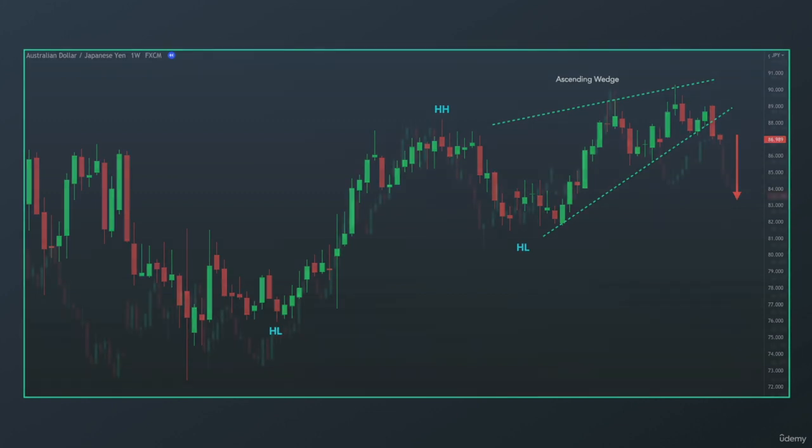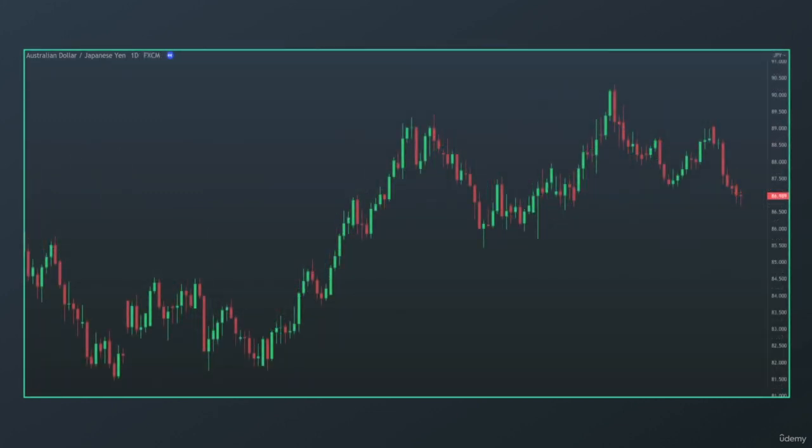Now going down to the daily time frame, we should see a bearish price action. Coming from an upside move, price made a higher low, higher high, higher low, and then a lower high. So what pattern could we see in this price action? We have our left shoulder, head, and then right shoulder with an upsloping neckline.